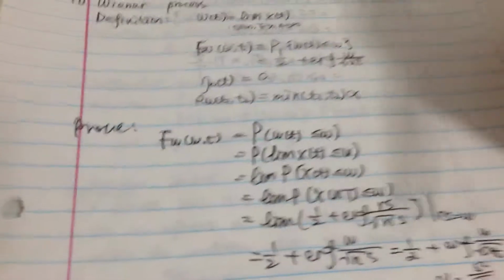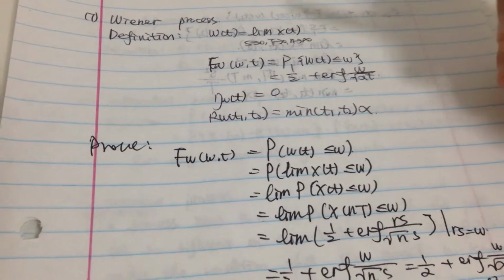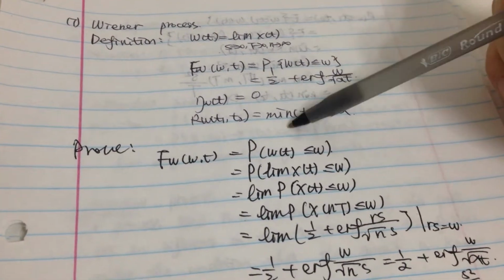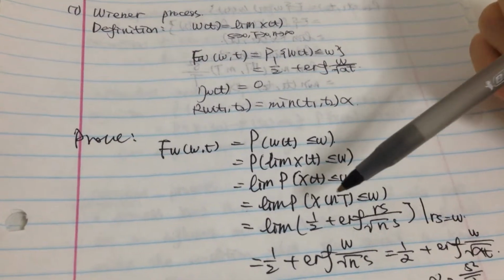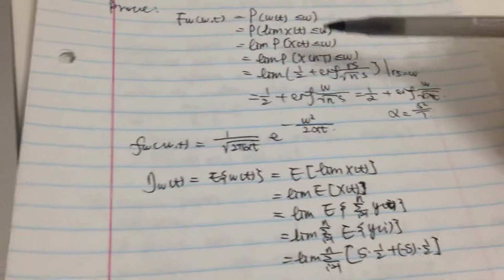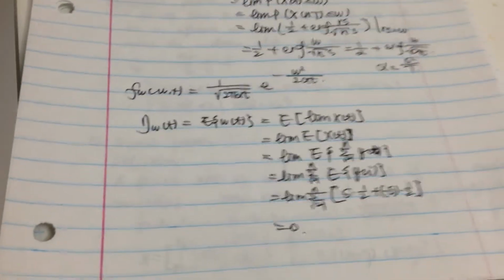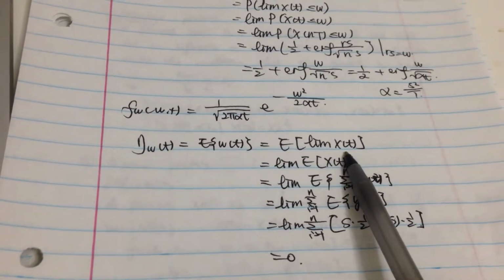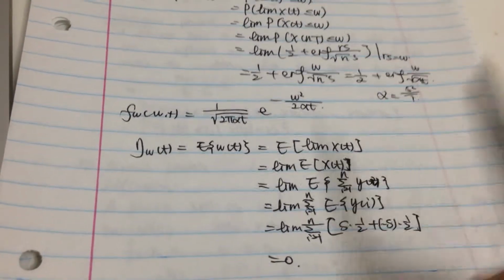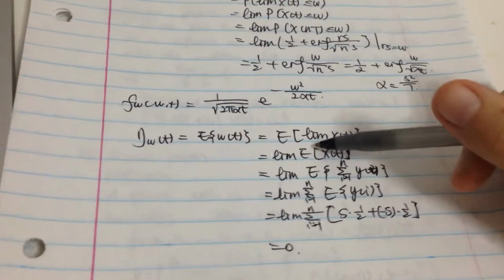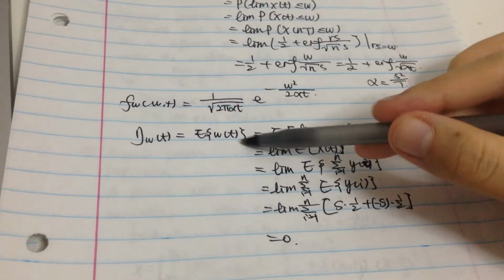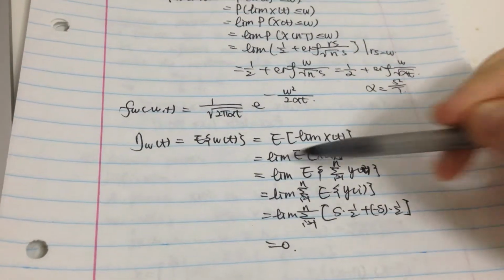And the seventh process is the Wiener process. Here is the definition of the Wiener process. If we want to get the expectation of the Wiener process, we just need to take the expression of the Wiener process in.